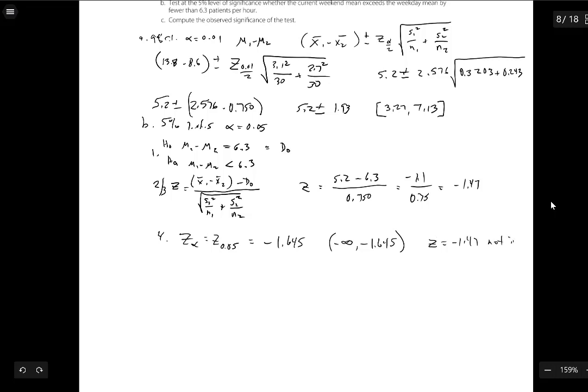Thus, in step 5 of our hypothesis testing, we do not have statistical evidence at the 5% level of significance.